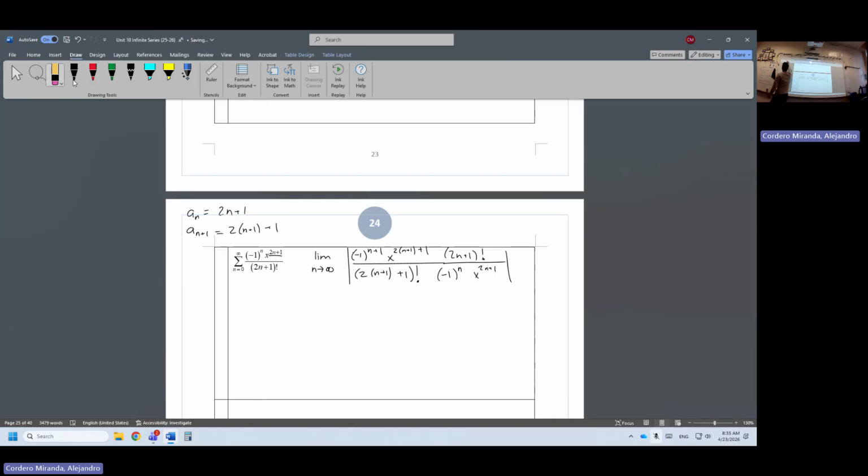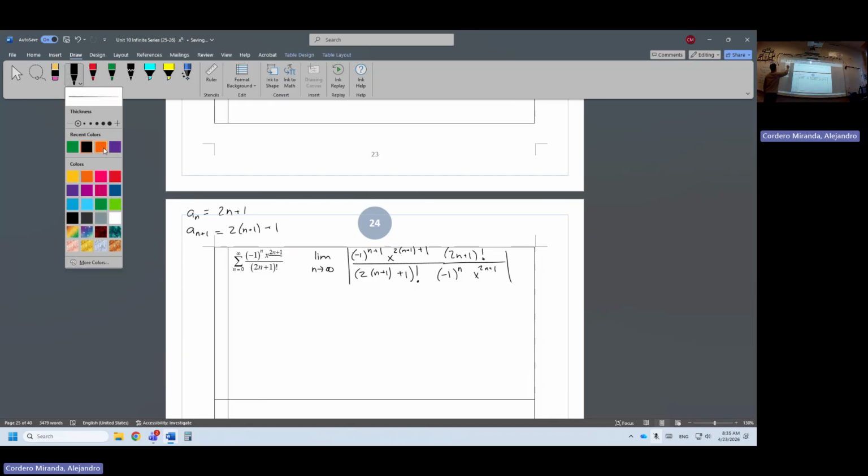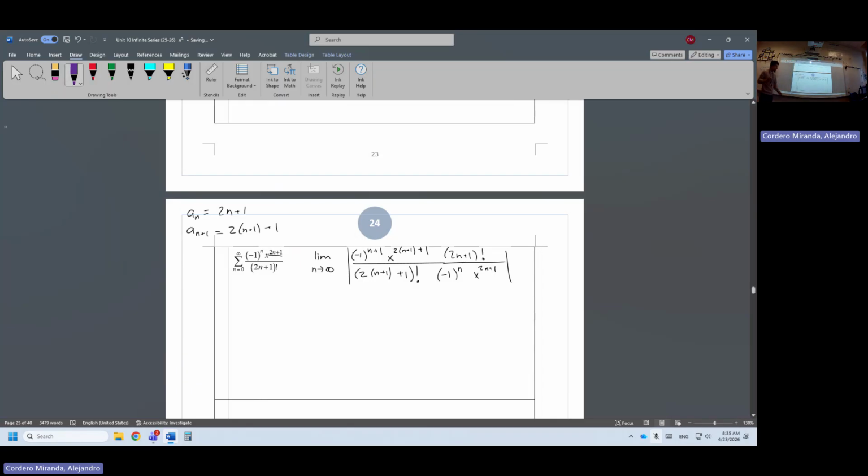Like I said, I don't want to run out of time, so let me go through this one fast, but it's not as intense. -1 and -1 will cancel and just leave a -1 on top, but remember, the absolute values are just going to cancel the -1 anyway. So I'm ignoring the -1s, period.